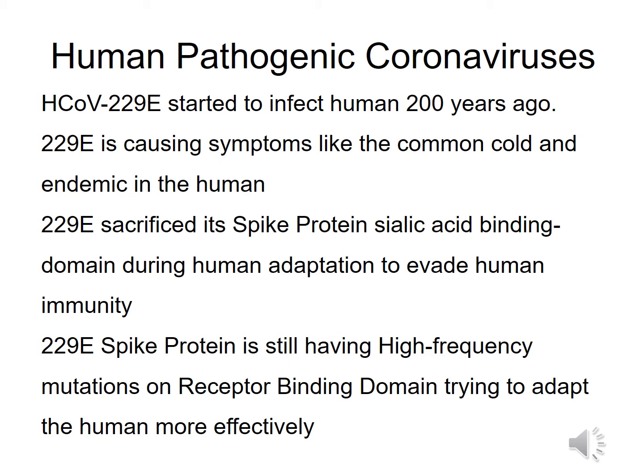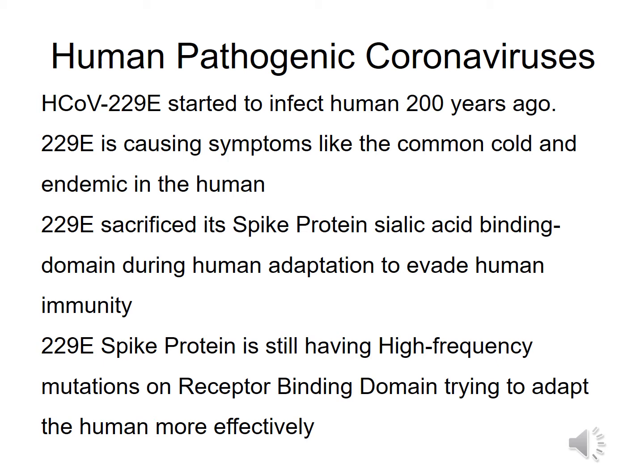So the first virus, according to their identification order, 229E, it's evaluated that it first infected humans 200 years ago. And it's causing symptoms like a cold. It's not like SARS. It's not killing people, as we know right now. And it's endemic to humans.